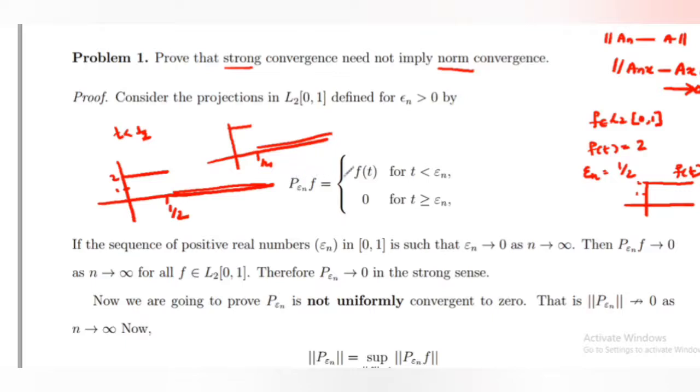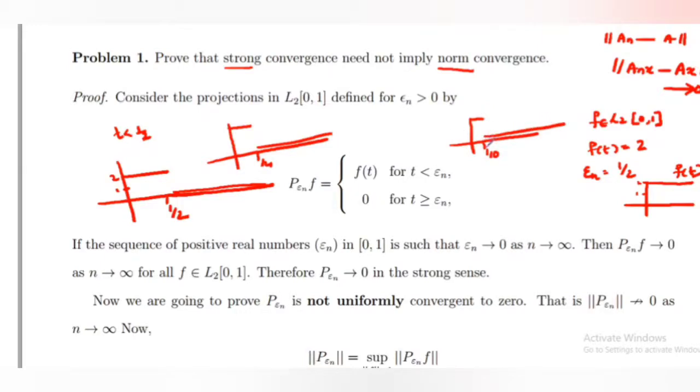If epsilon n tends to 0, the value of P epsilon n f is becoming 0. If you consider, suppose, epsilon n is equal to 1 by 10, then the portion becomes 1 by 10, this is f of t, and all other terms are 0.